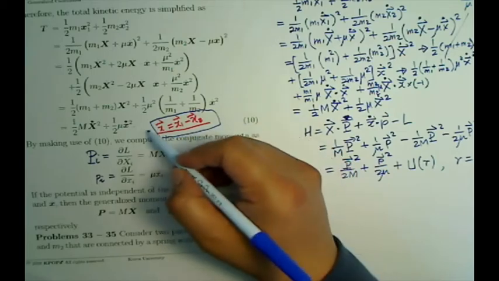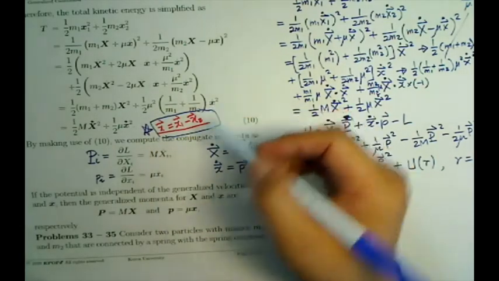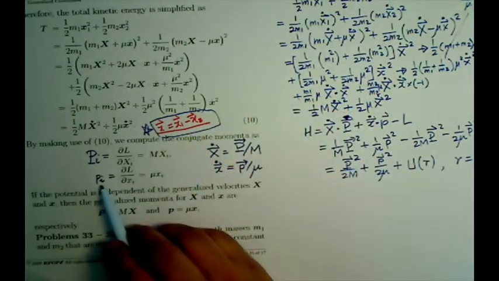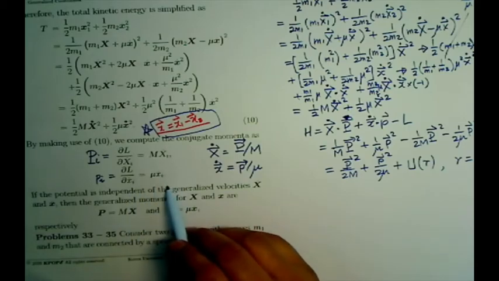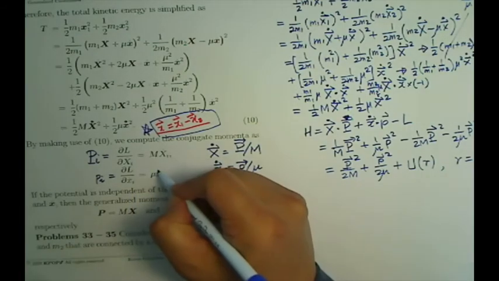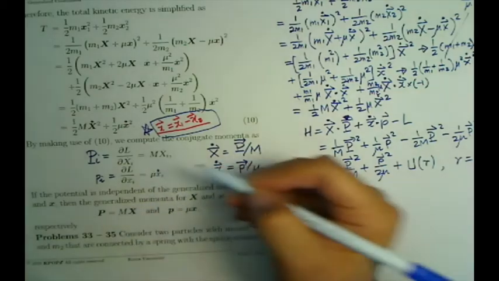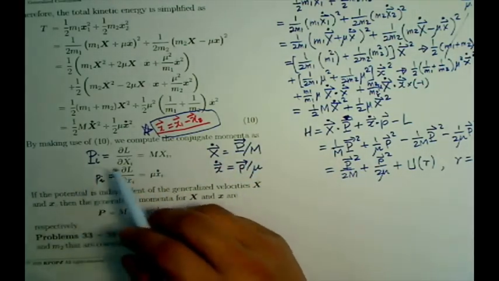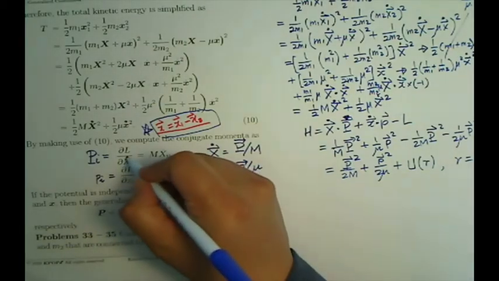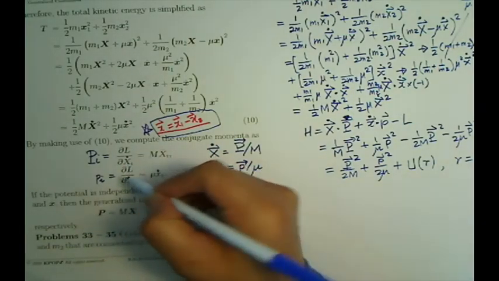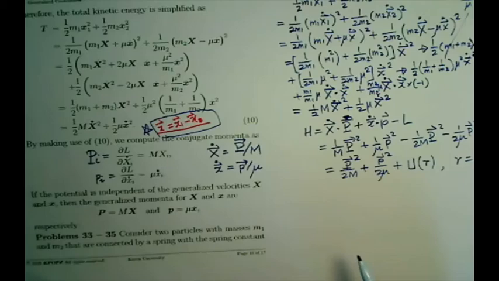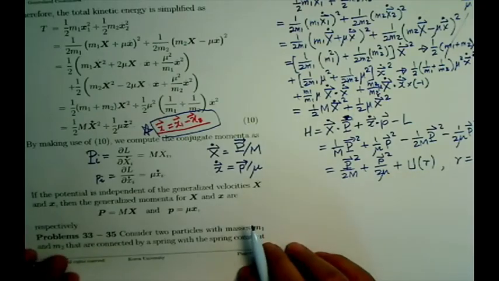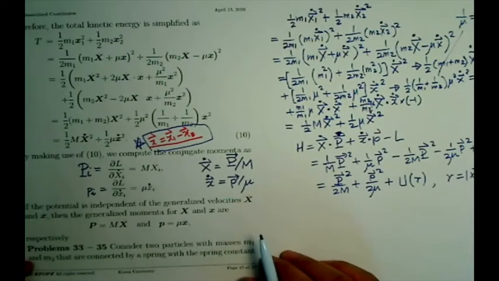This is very, very important. The relative coordinate has the conjugate momentum mu x dot, and the total linear momentum can be obtained by taking the partial derivative with respect to capital X dot. That is the conjugate momentum for the coordinate capital X.